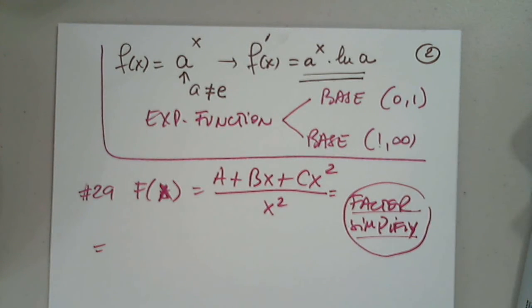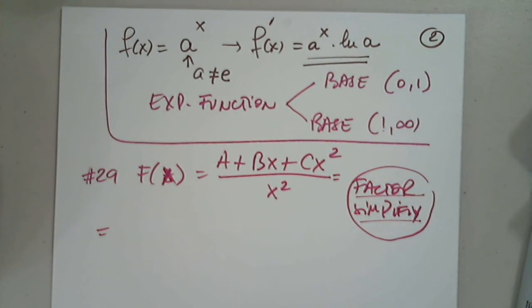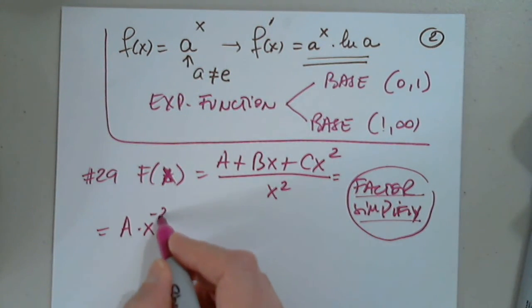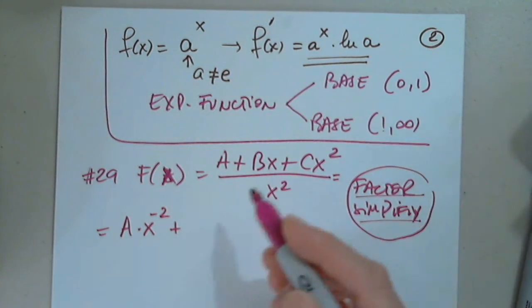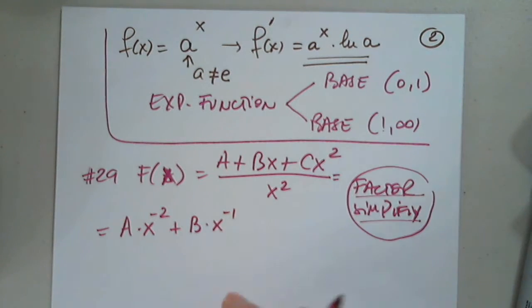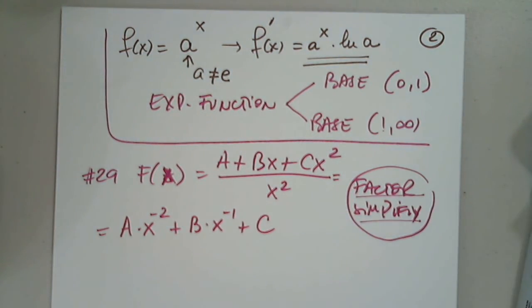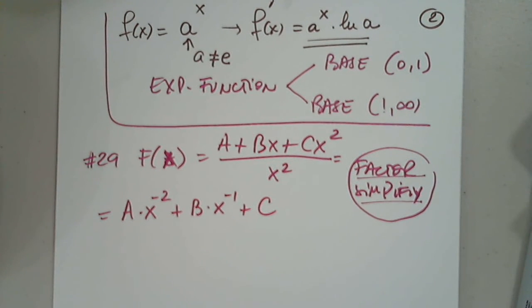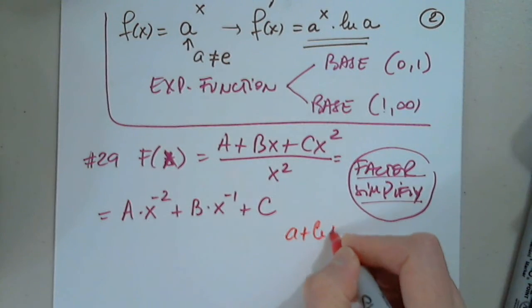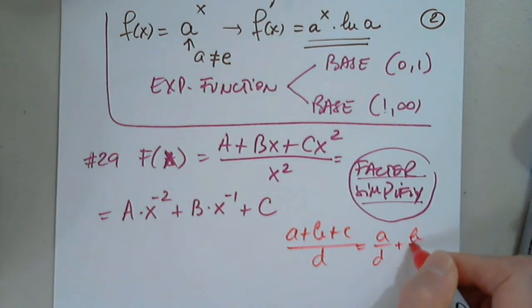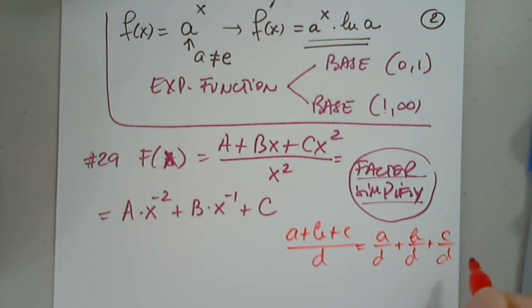I will prepare the function to make it easier to differentiate. So a over x squared is a times x to negative 2. bx over x is b times x to negative 1. And cx squared over x squared is c. So what I just did was I wrote that a plus b plus c divided by d is a over d plus b over d plus c over d.